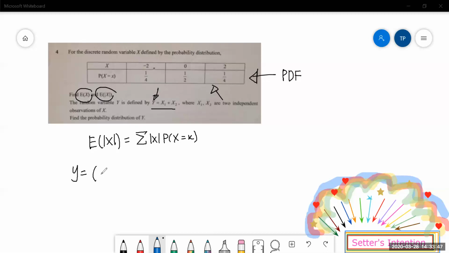It can be -2 with 0, -2 with 2, 0 with 2, -2 with -2.